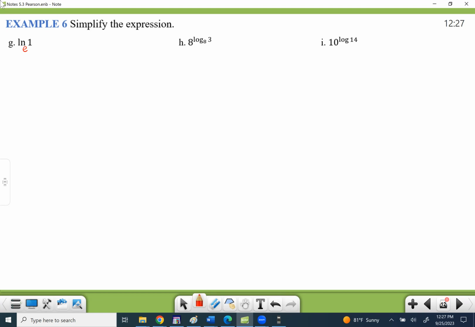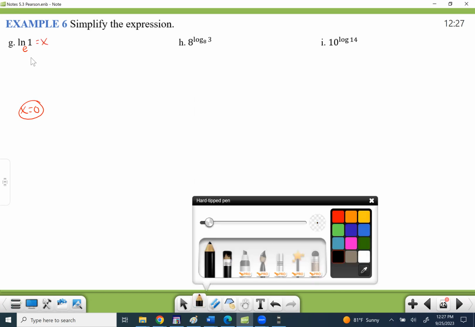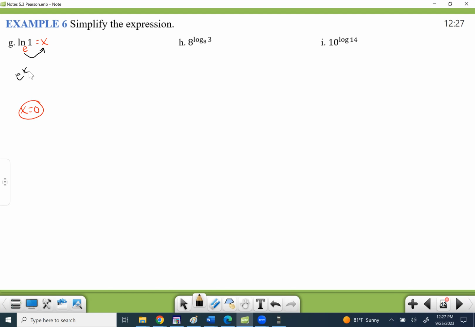But it doesn't matter what the base is. If there's a 1 in this position, the answer is always going to be 0. But let's just remind you one more time. If you put the equals x on it, this would say e to what power gets you 1? Well, anything to the 0 power is 1.